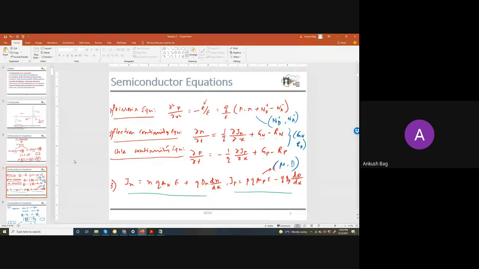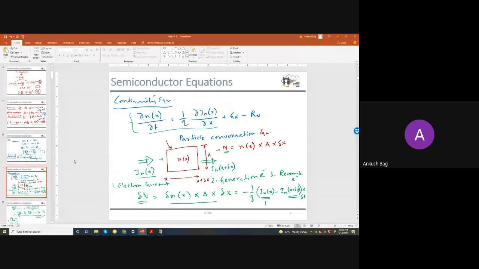So these are the equations we need to understand to calculate or to mathematically model the IV relationship of any device. But since this is the first device, the PN junction device or PN junction diode, that is why we gave this brief outline of the equations.